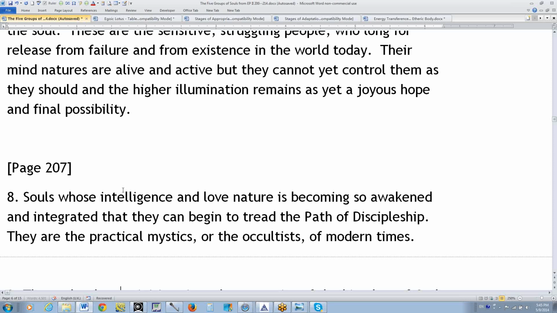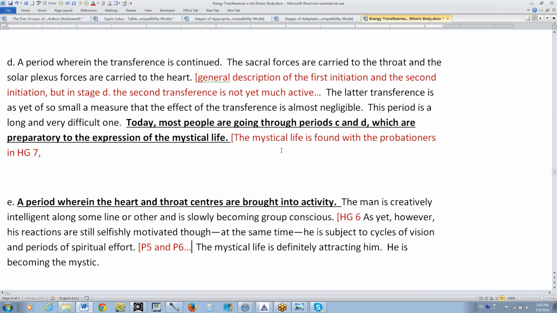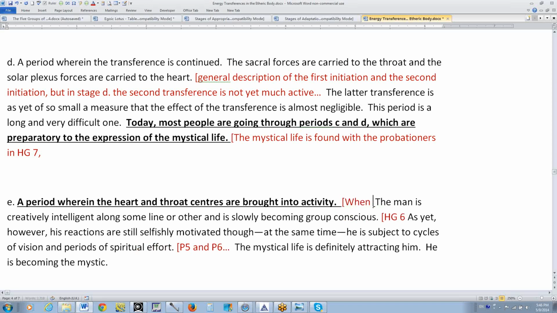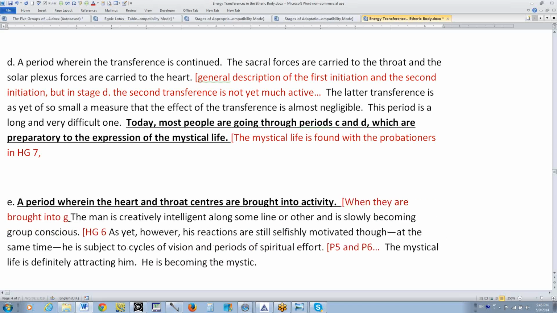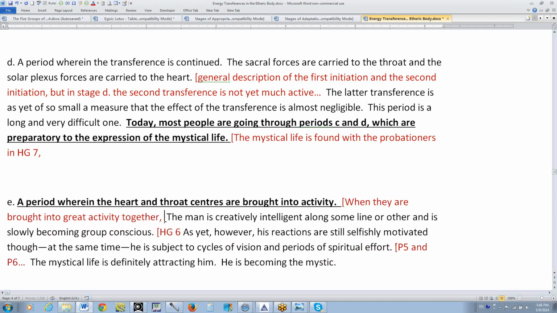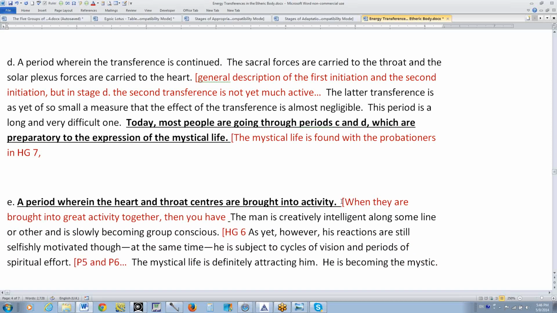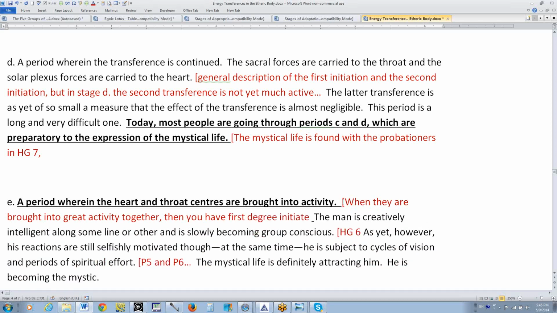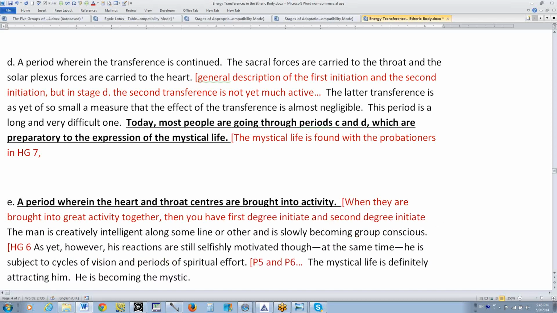So we see that the true disciple has the throat and the heart center, and can be considered in relation to the group we're just discussing. The heart and throat center are brought into activity. When they are brought into great activity together, then you have first degree initiate and second degree initiate. So he's creatively intelligent along some line.